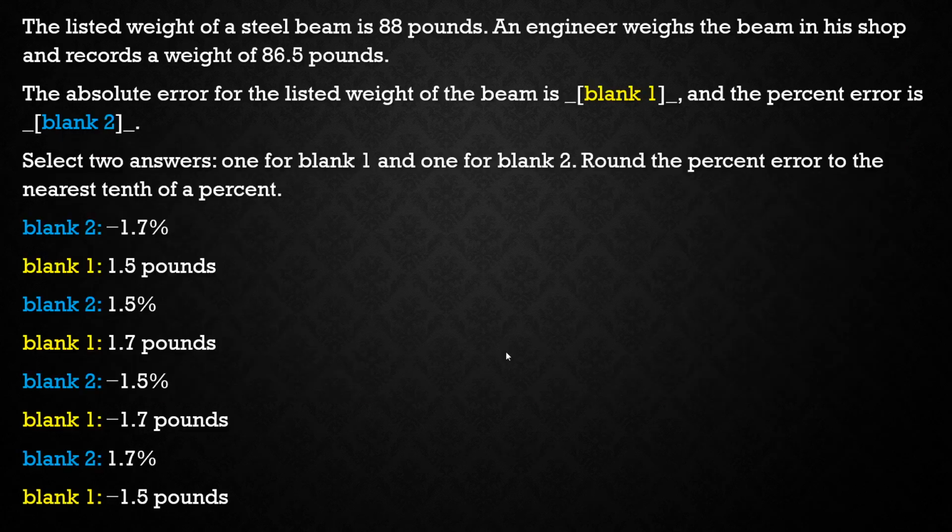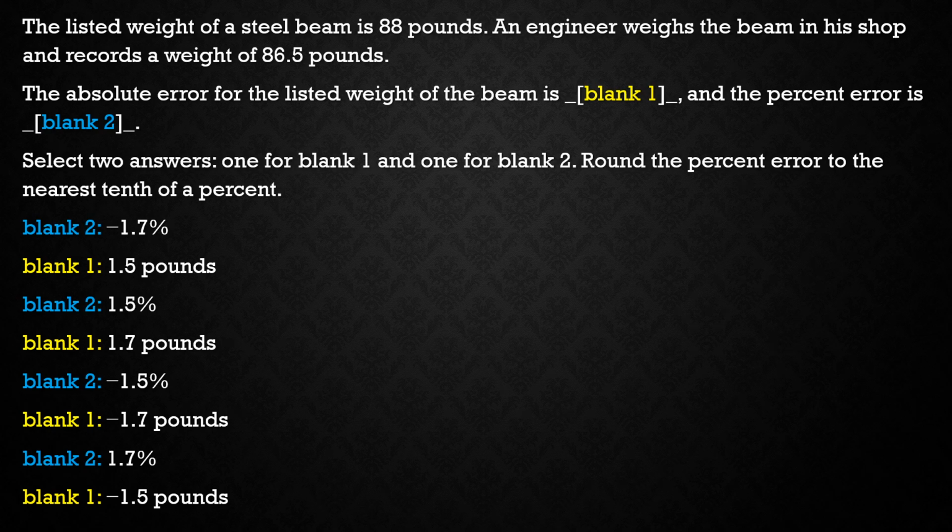Okay. Our first question says that the listed weight of a steel beam is 88 pounds. So that's what it's supposed to be, 88. And an engineer weighs the beam in his shop and records the weight of 86.5 pounds. So we want to know what is the absolute error listed for the weight of the beam.